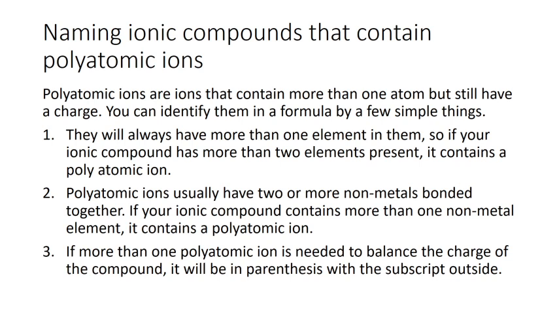Polyatomic ions usually have 2 or more non-metals bonded together. So if your ionic compound contains more than one non-metal, it has a polyatomic ion. And if more than one polyatomic ion is needed to balance the charge of the compound, it will be in parentheses with the subscript outside.